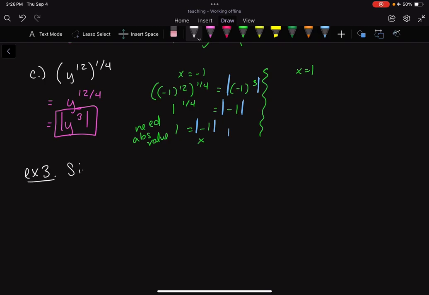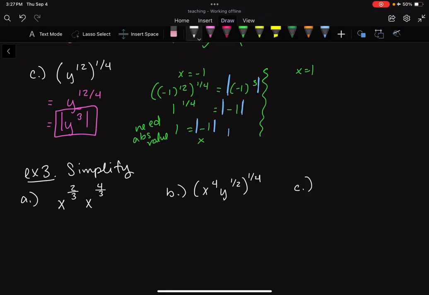Example 3. Let's go ahead and simplify these. We're just going to practice using some exponent rules when we have rational exponents. So x to the 2/3 times x to the 4/3. Part B, we'll do x to the 4th, y to the 1/2, to the power of 1/4.